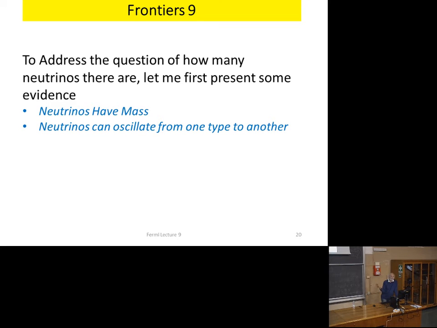And those I'll address more completely and more quantitatively in the next lecture. I'm going to just show you a little bit today so that I can show you the question of how many neutrinos there are first, since we're talking about 3 neutrinos or 3 families. But there are 2 features of neutrinos that we'll talk about more next time.